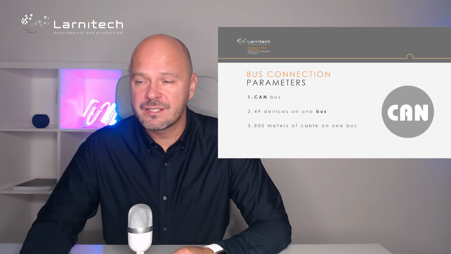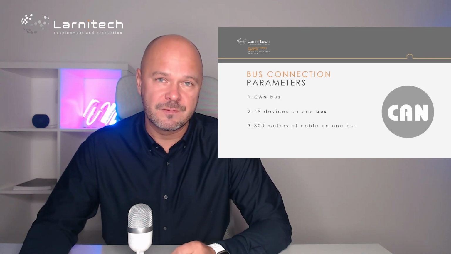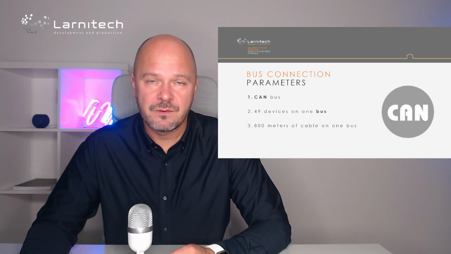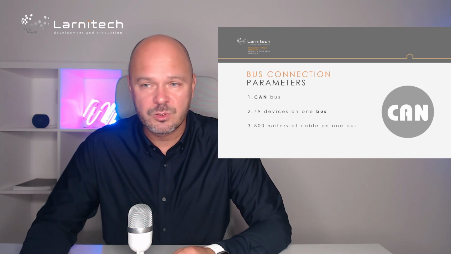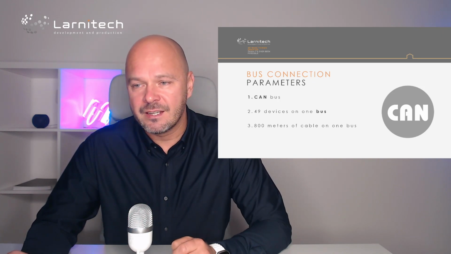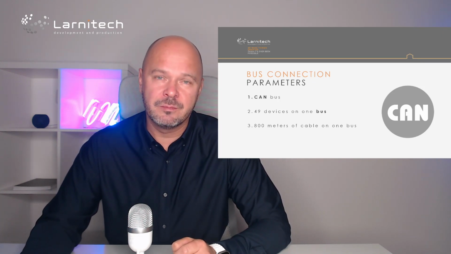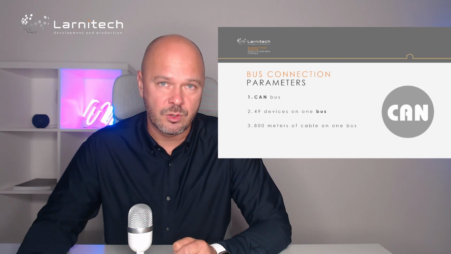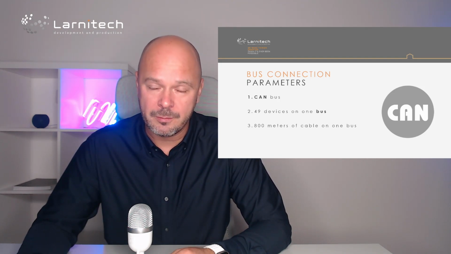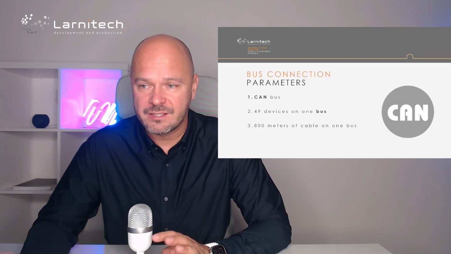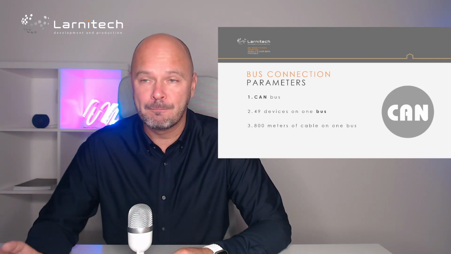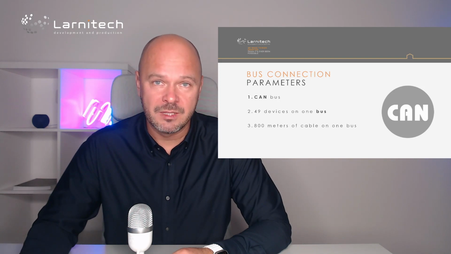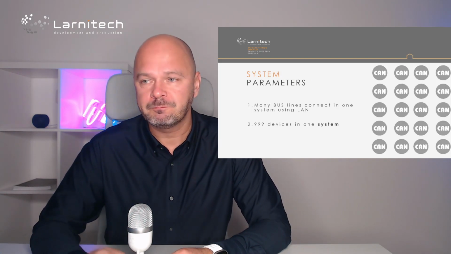So these things are recommendations, because CAN bus is for sure capable of connecting directly much more devices. And 800 meters can be like maybe 2 times more, and the system will still work. But we recommend these 800 meters and 49 devices for the system to function reliably in home automation.